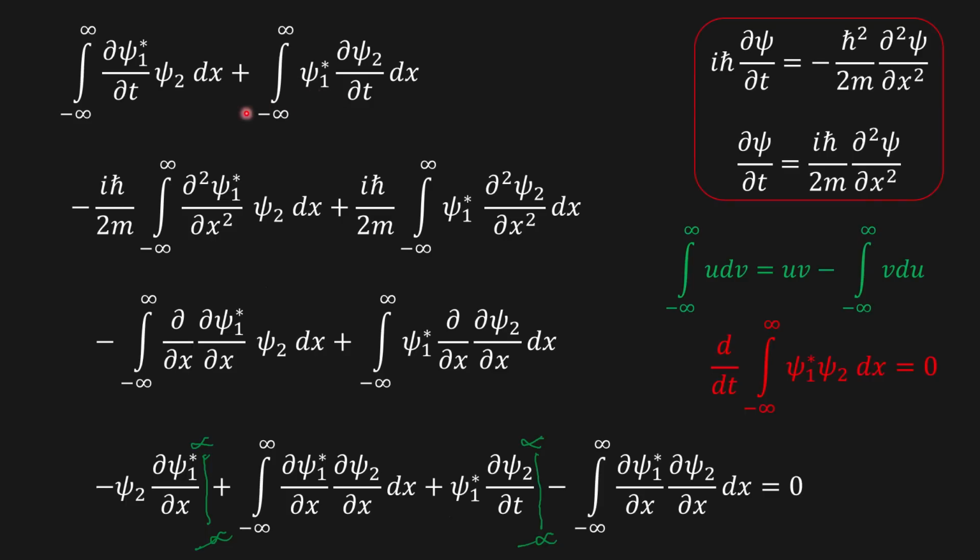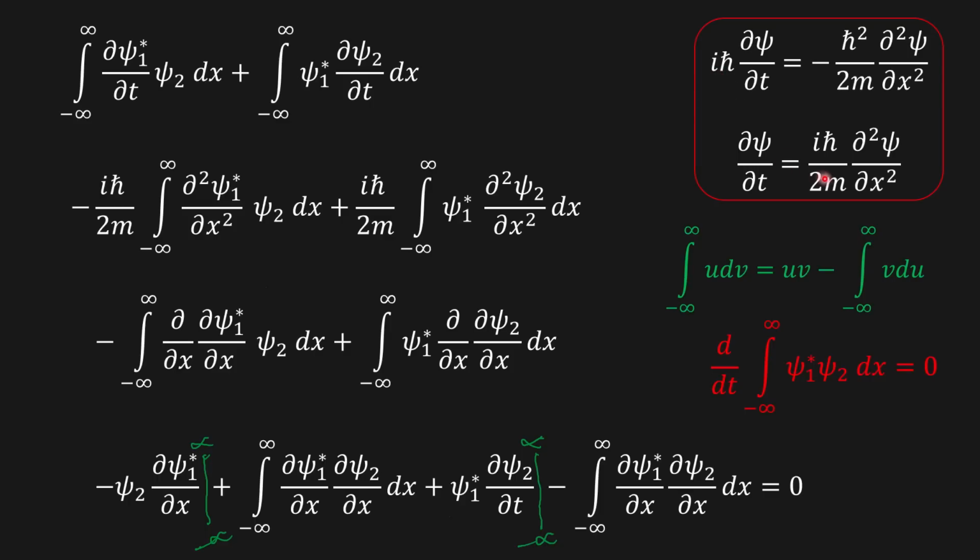Let us consider the Schrödinger wave equation: i h cross delta psi over delta t is equal to minus h cross squared over 2m delta 2 psi over delta x2.